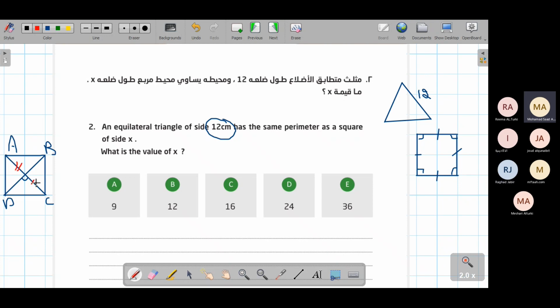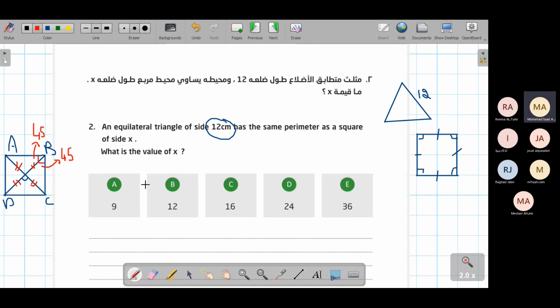Also the diagonals are equal. They are equal, perpendicular, and bisect each other. And they are bisectors of the angles, so this angle is equal to 45 degrees, and the second one is also 45 degrees.